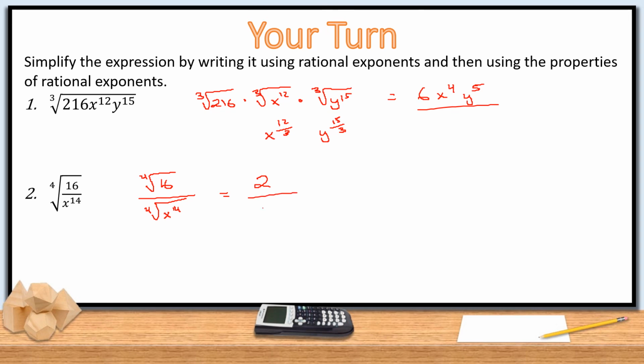Now, x to the power of, so I'm going to put this into rational exponents because this is 14 over 4, which would be 7 over 2. So it would be 2 over x to the power of 7 over 2. So that's the simplest we can do in rational form. If it went back to radicals, then it would be square root of x to the power of 7. I actually prefer this form here. It tells me more.